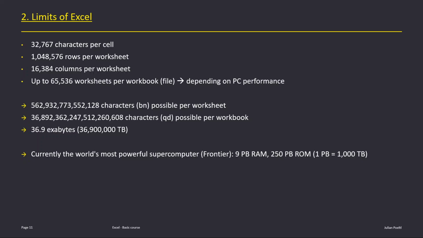And currently the world's most powerful supercomputer, it isn't at the date you will watch this video probably, but at the time I did my research, had about 9 petabyte of RAM and 250 petabyte of storage. And as 1 petabyte equals 1000 terabyte, you could never store the largest Excel file if you fill every cell on this workbook with a character up to the maximum character limit.